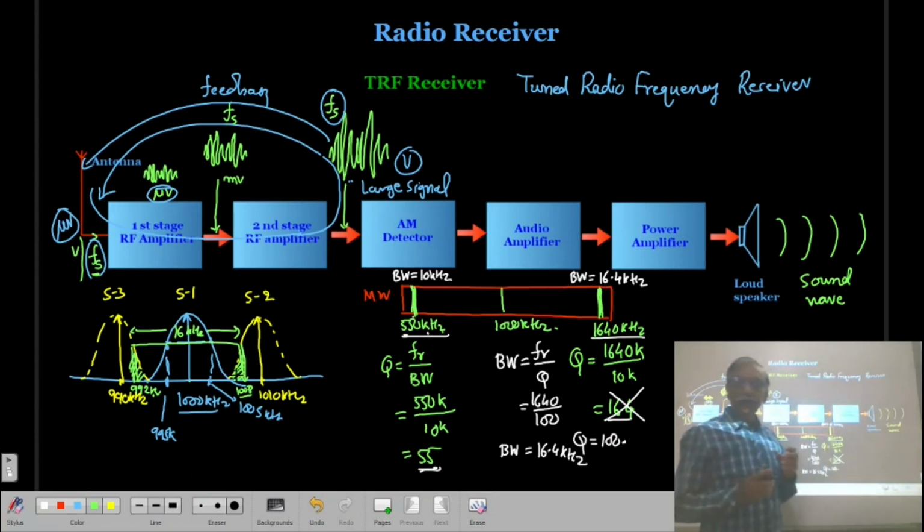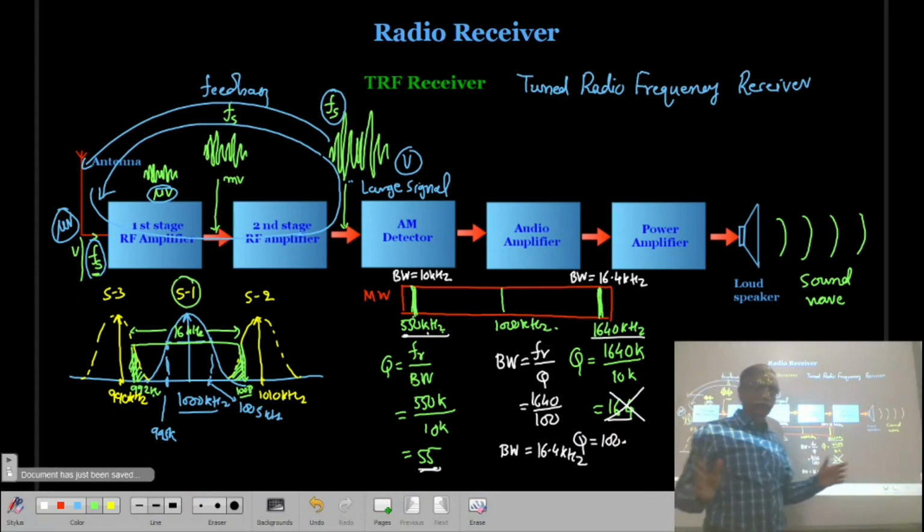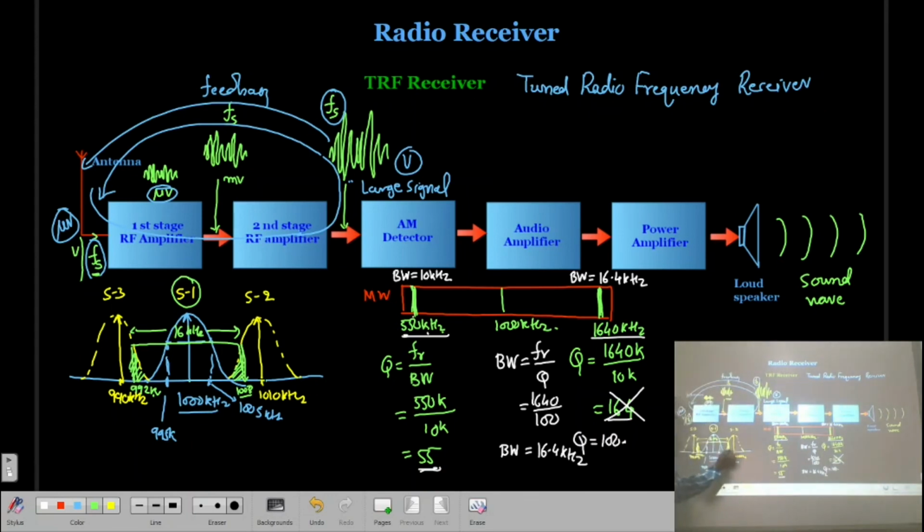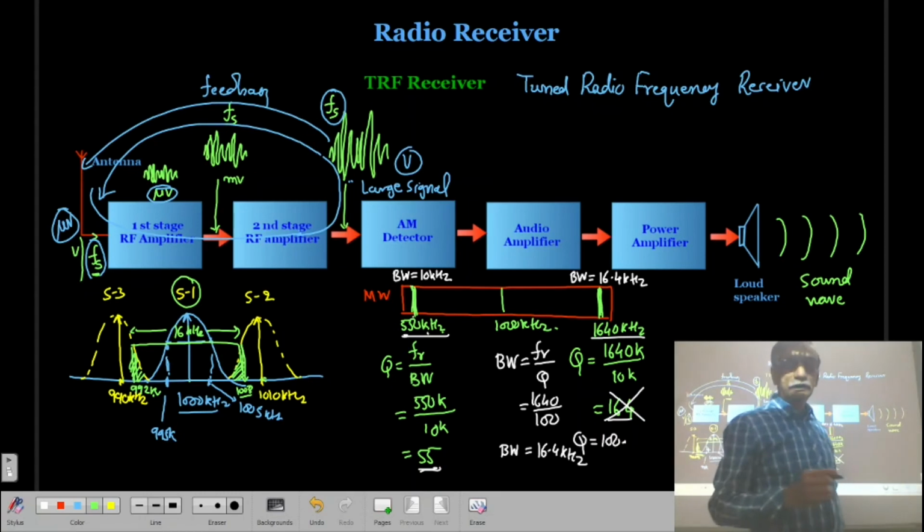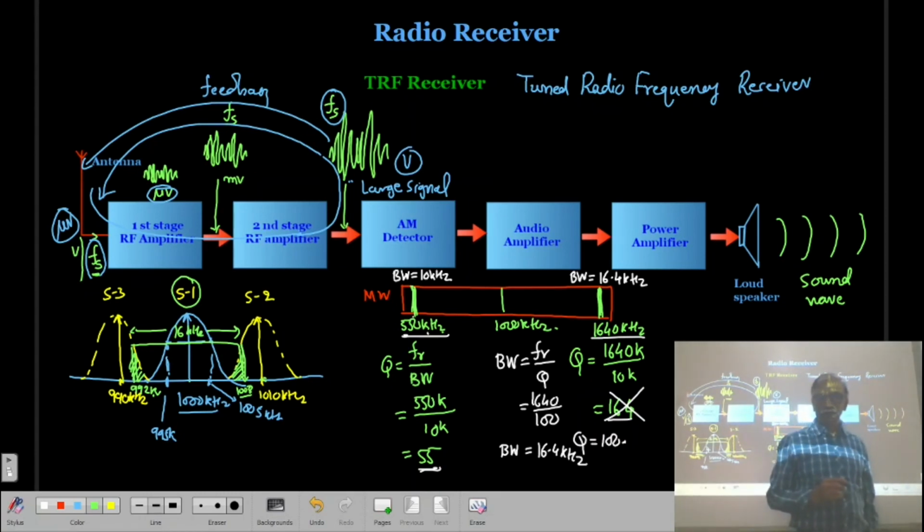Means there will be a kind of crosstalk, or you can say a kind of interference. So if the bandwidth is 10 kilohertz, then it will receive the information only from S1. But if the bandwidth increases, then whatever adjacent station we have, this information will also be received by the receiver. It is an interference.